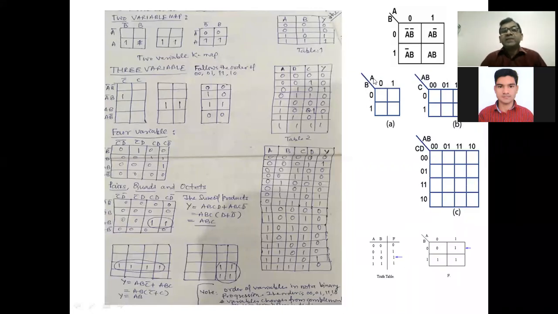With two variables, this can be represented with 0 and 1. A can be 0 or 1, and similarly B may be 0 or 1.